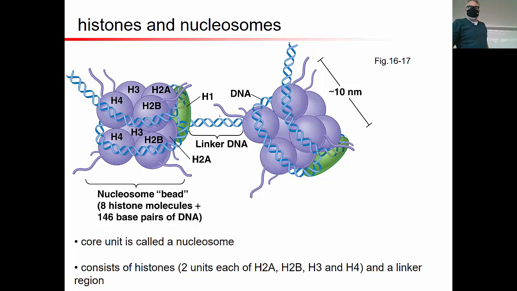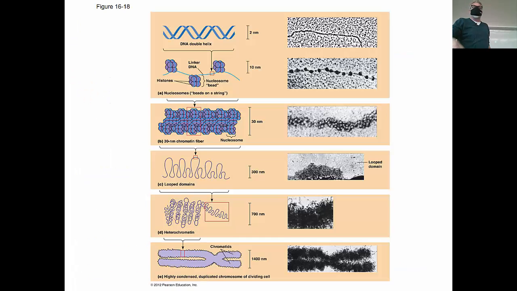In the next step, what happens is we further compact that. So we take those nucleosomes and we fold them up into what's called the chromatin fiber, which then gets looped, and then the loops get basically wound around each other. And so what you're looking at is you're getting this compaction all the way down.